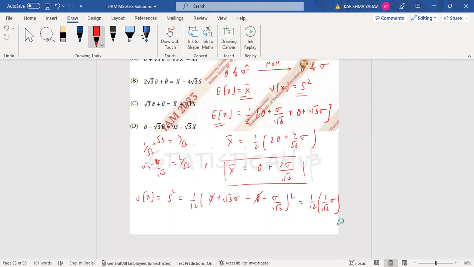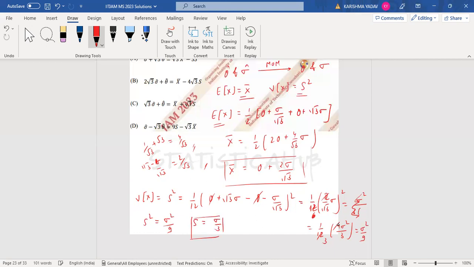I'm just doing the simple calculations here. Sorry, I did it wrong. So it is 1 by 12 times 4 sigma square upon 3. Now it is right: 4 3s are 12, and this is sigma square by 9. So we got variance of x, that is s square, equal to sigma square by 9. I can also simplify it as s equal to sigma by 3.